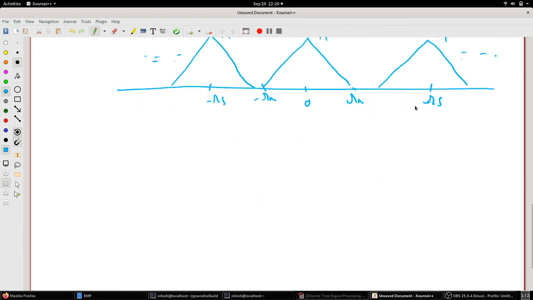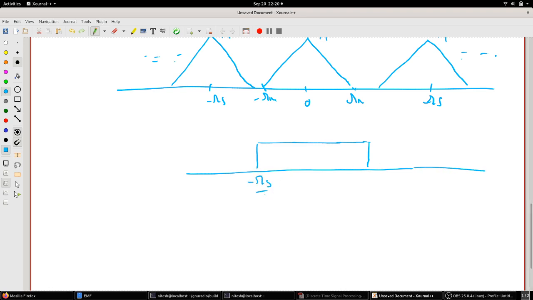So what I'll do is pass it through an ideal reconstruction filter, which is a flat band filter, and it has a pass band of 0 to ωs by 2. This is your HR(jω), the frequency response of the filter.